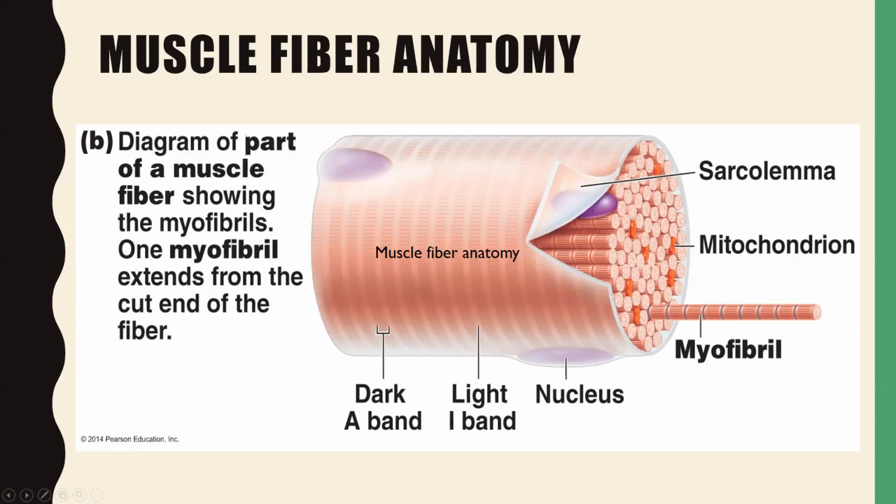All right, now if we take a look inside of a muscle cell, it's made up of a whole bunch of bungee cords. Basically they're stretchy, and they have the ability to contract and relax. Those bungee cords within the muscle fiber are known as myofibrils, which are made up of protein filaments called myofilaments, which we'll get further into in a little bit.